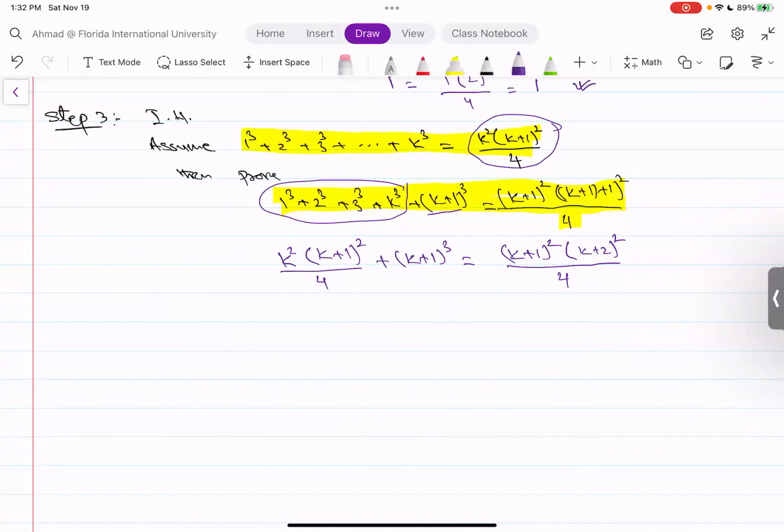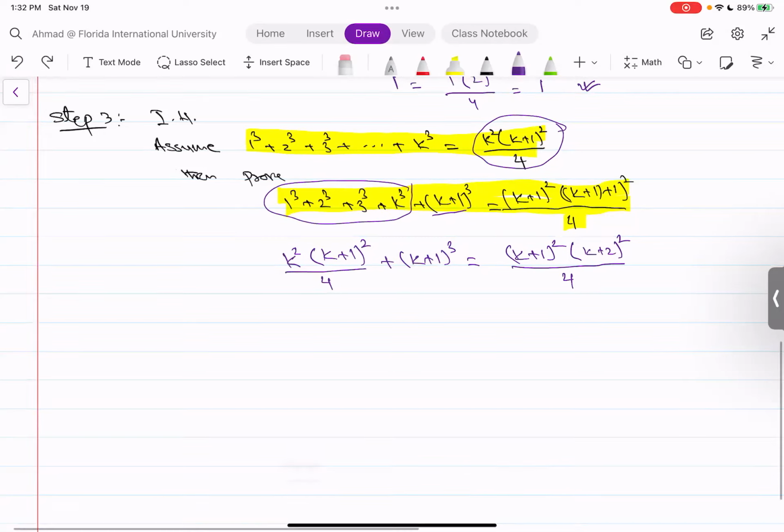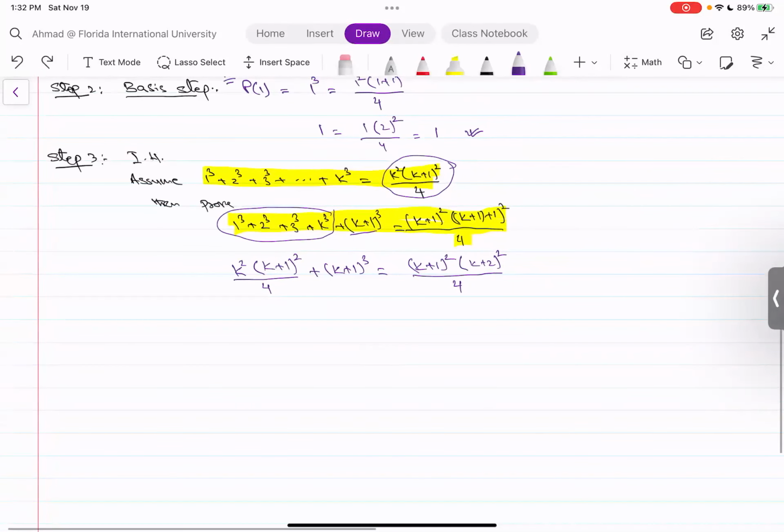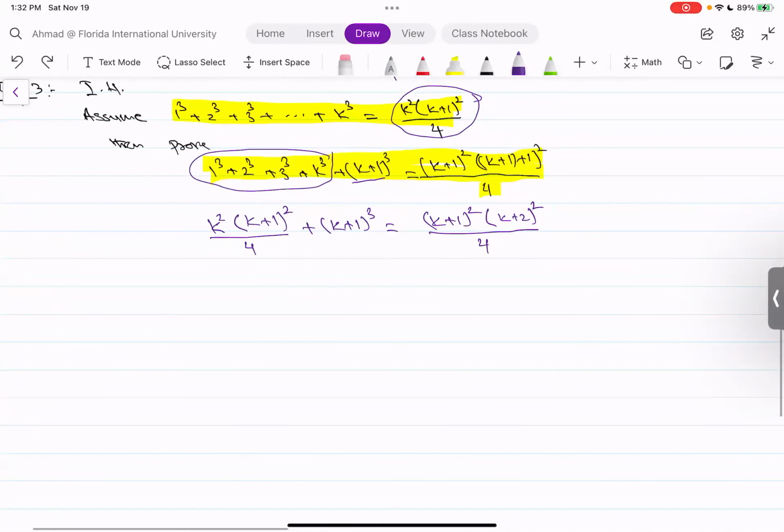Left hand side, we have to show that the left hand side is equal to the right hand side. Now, how can we show that? So one way of doing this is to make this term equivalent to this so that we can write the same in the same way. So what I can do is I can take the LCM of this one. If you remember from your high school classes, that's basically very simple.